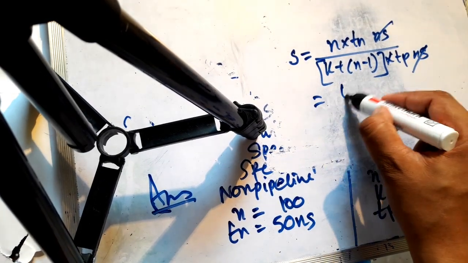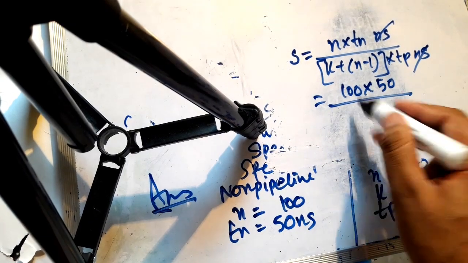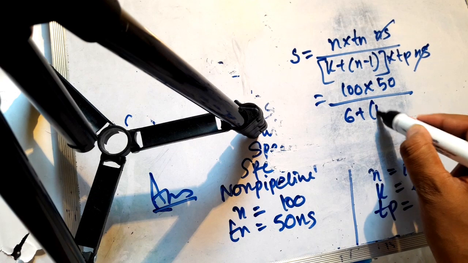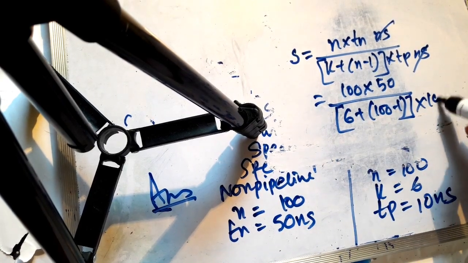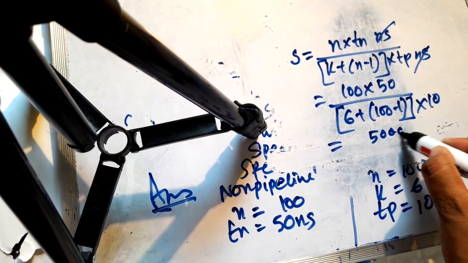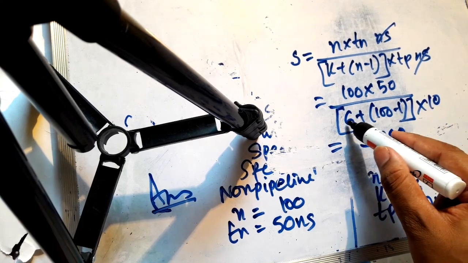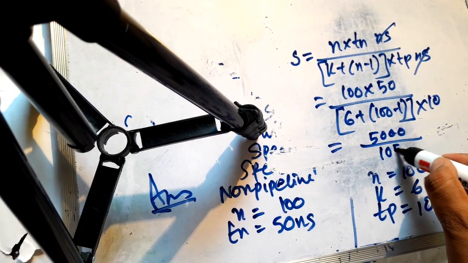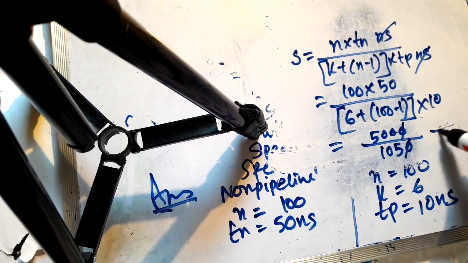So n is 100, Tn is 50, and k is 6 plus 100 minus 1 into 10. We have to calculate those values. Now the numerator is 5000, and the denominator is 99 plus 6, 105 into 10, which means 1050.